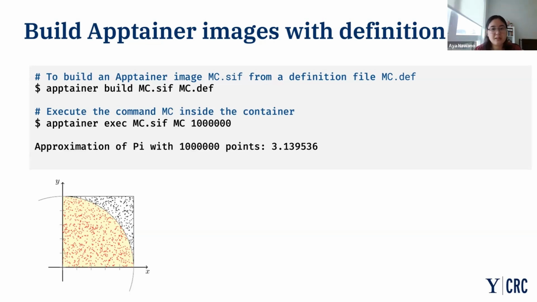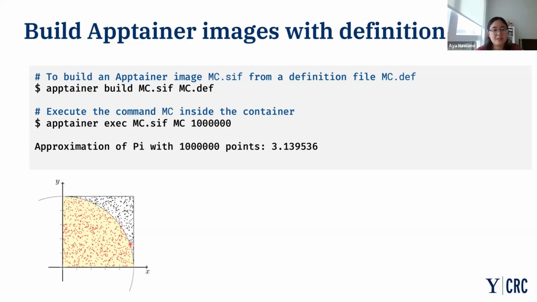This container will include a C code executable called MC, which performs a Monte Carlo simulation to estimate the value of pi. The simulation works by randomly generating points within a square, counting how many fall inside an inscribed circle, and then using this ratio to approximate the value of pi. The MC command accepts an argument specifying the number of points to generate.